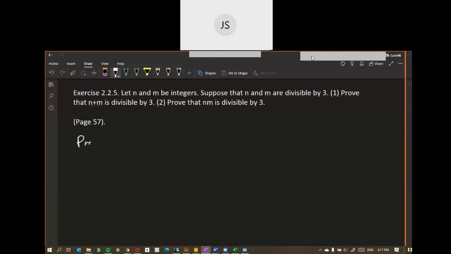So proof for the first part, and the second part I'd leave it up to you. So anyone here, how should we go about this? You can turn on your microphone and speak.